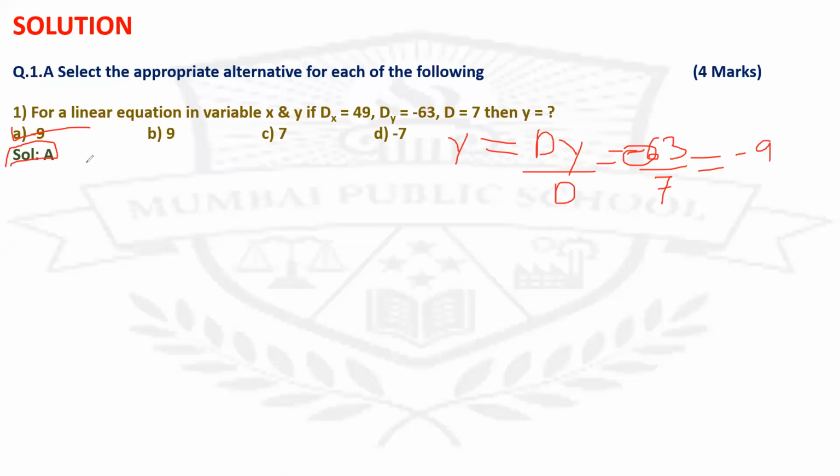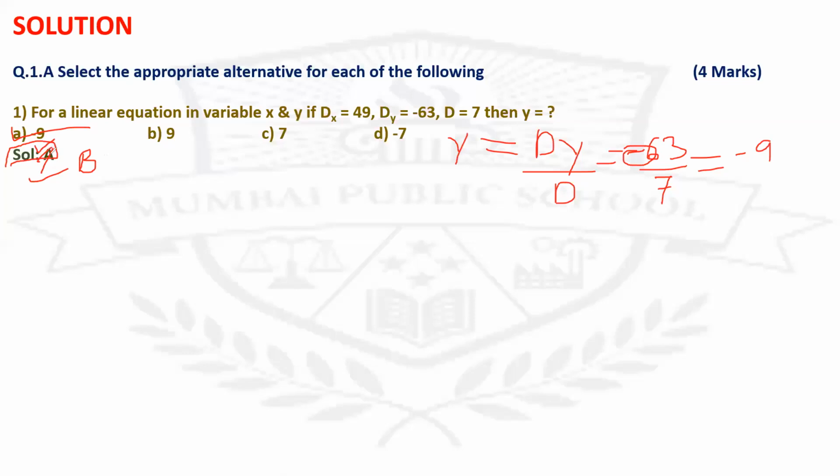Now check here. Suppose you're writing solution A. And then after a few minutes you think, no, A is wrong, so I'll write B. This won't be evaluated. Marks will be given for the first one.